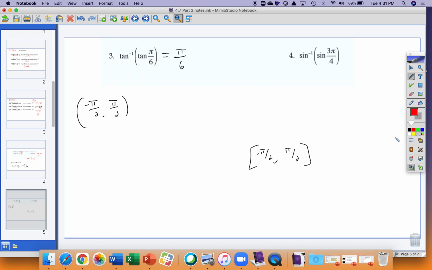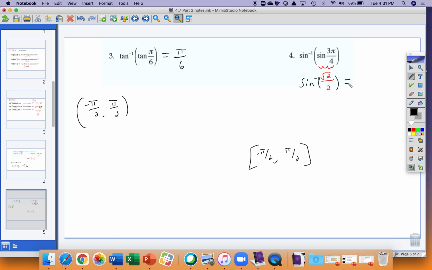I'm going to take this step by step, and when you're doing composite functions, you want to do the inside first. So the sine of 3 pi over 4 is root 2 over 2. Therefore, this question is asking what is the sine inverse of root 2 over 2.